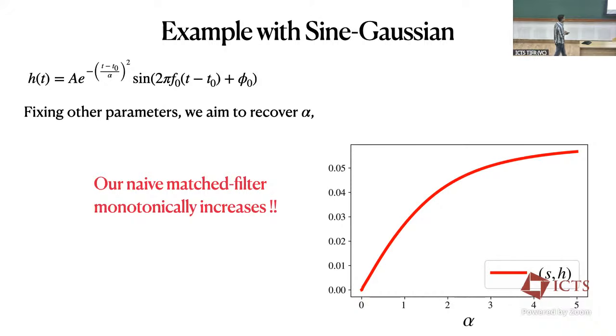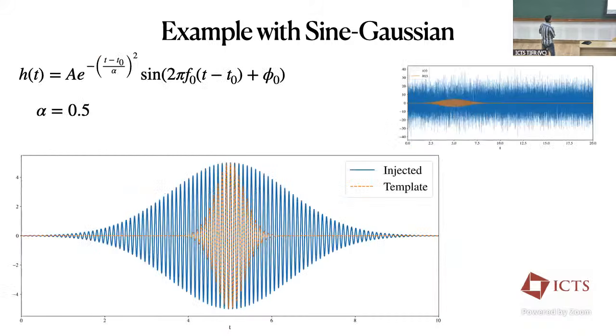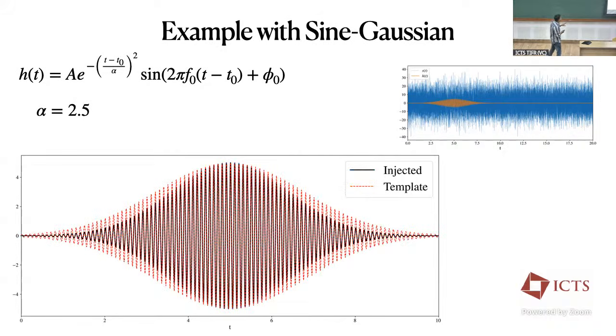Why does it happen? To understand that, let's rethink what is happening when we multiply the data and the template. For alpha equal to 0.5, the template is given by the orange dashed curve, and the injected one was there. Let's forget about the noise right now. So everything matches. Everywhere we have positive contribution and we are getting some number. Now we increase alpha from 0.5 to 2.5.